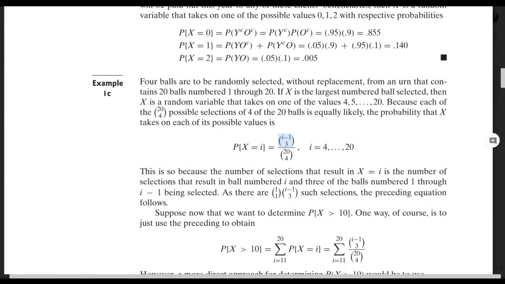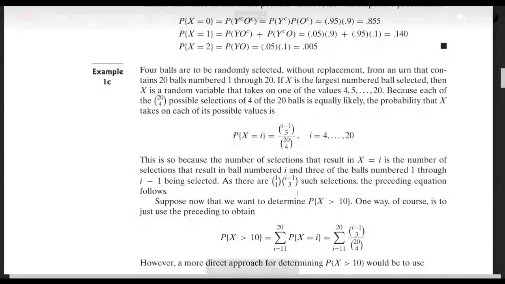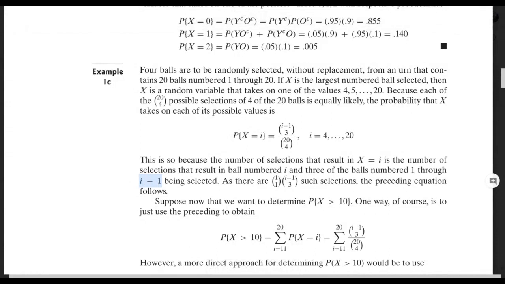i minus 1 choose 3, over the sample space, 20 choose 4. That's because of this particular one: how many ways to choose the other 3? So the number of selections that result in X equals i is the number of selections that result in ball numbered i and 3 of the balls numbered 1 through i minus 1 being selected.